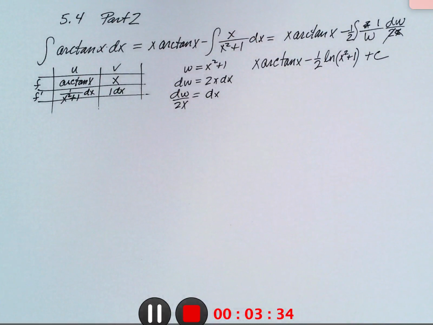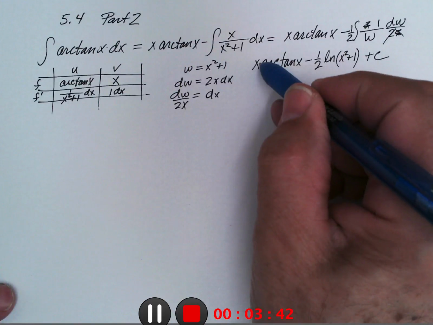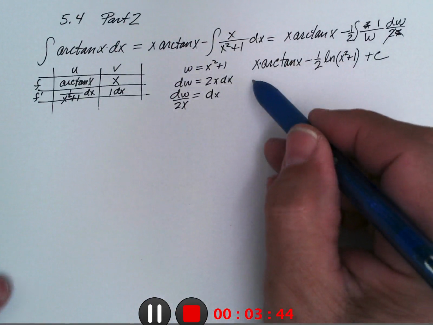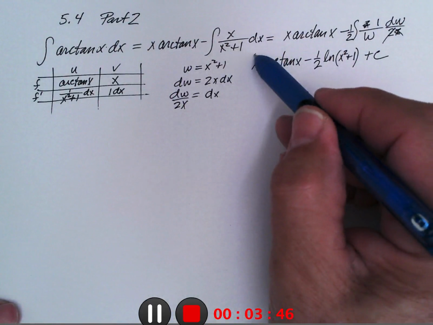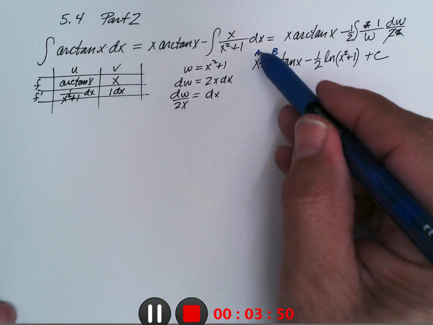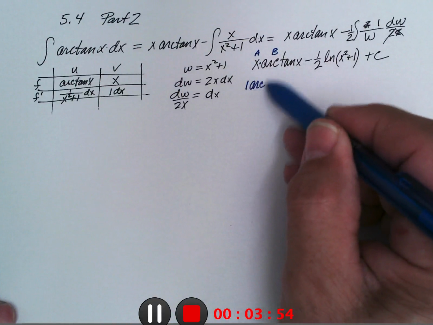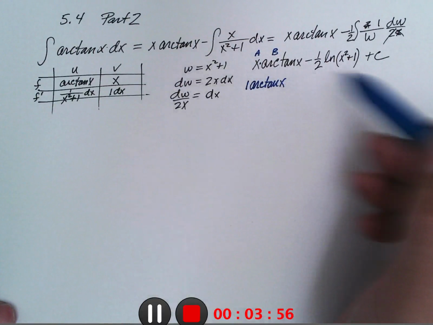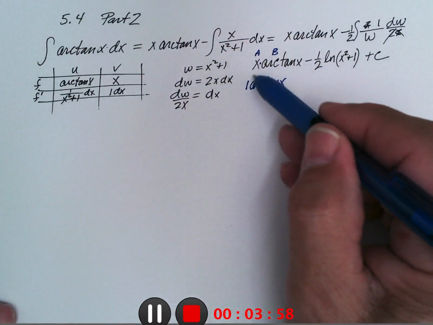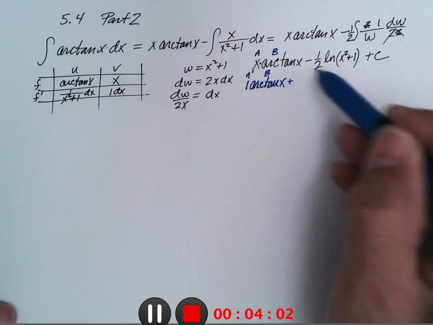Now let's check that by taking the derivative and make sure that we get back to arctangent, because I don't want to do something here and mess up and then have to fix it for you. So if I call that a and this b for this product, the derivative is a prime b plus b prime a.